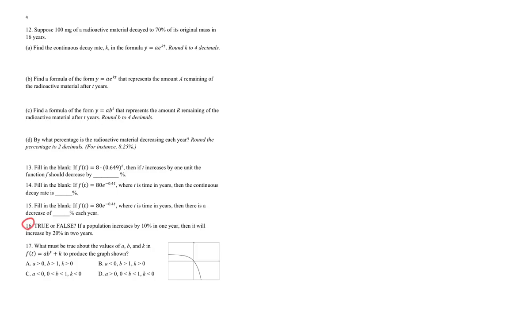Okay, now we're going to look at 16. We have: if the population increases by 10% in 1 year, then it will increase by 20% in 2 years. Okay, so let's consider maybe a population of just 1, and it's going to increase by 10% for 2 years. So let's go ahead and look at that. That'll give us 1.21. And so let's actually find our percentage increase and see if it's 20%.